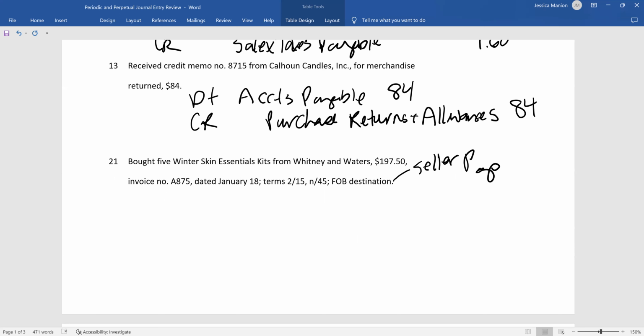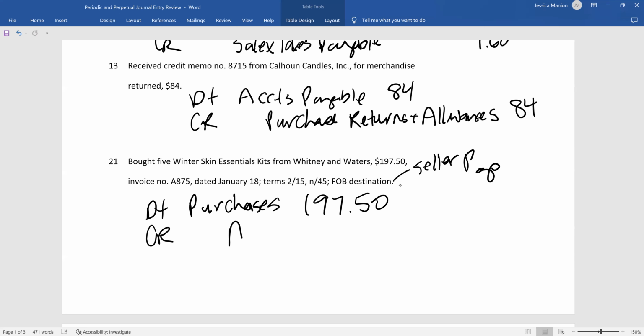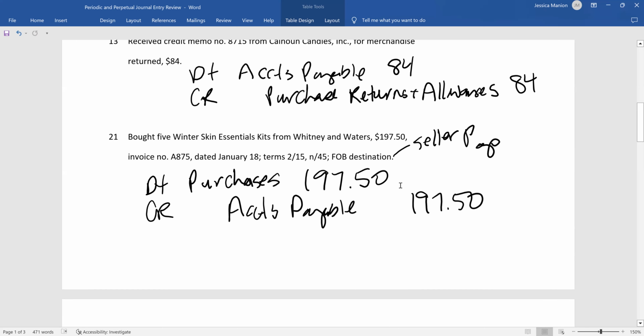So what is our purchase? $197.50. So we're debiting purchases 197.50, crediting accounts payable 197.50, is what that one would look like.